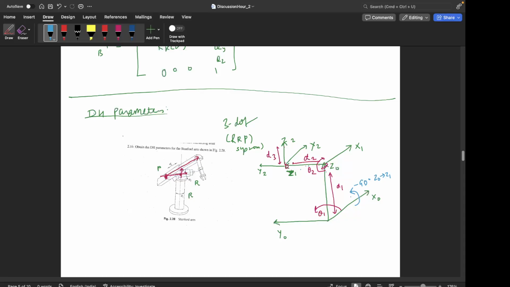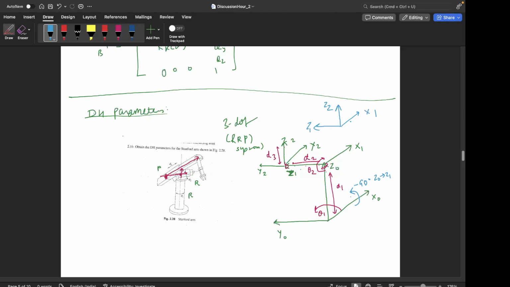Then again, to get from z1 to z2 about the x1, we have to rotate, right? So z1 is like this. This is z1 and this is z2, and this is x1.